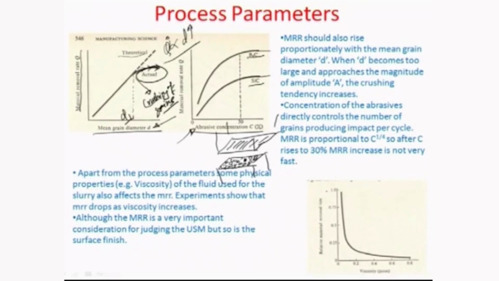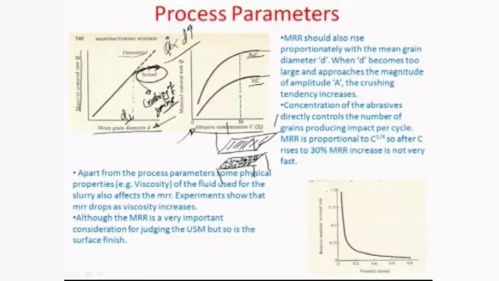For example, if you load more grains, the density of the grains per unit area of the tool workpiece surface would keep on increasing up to only a certain limited value, beyond which any further grains cannot be accommodated. Okay. So even if the concentration is increased any further, you do not see much material removal, because the grains at the critical concentration are fully packed into this area. Therefore there is a plateauing action of the MRR with an increase in concentration beyond a certain critical concentration.